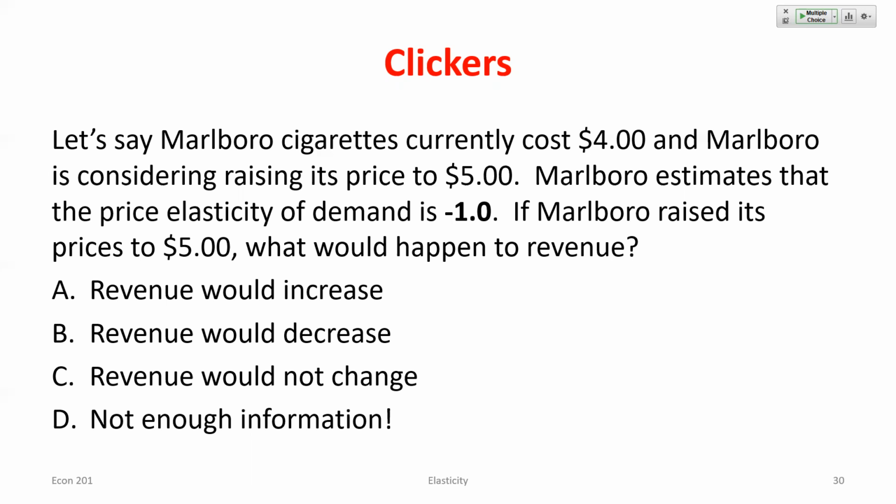So at that unit elastic point, for price changes in either direction, that percent change in price will be met exactly with the same percent change in quantity demanded, cancel each other out, and total revenue won't change. Now, in practice, if we can measure things at infinitesimally small ranges, the unit elastic point is only a penny on either side where we can do this and total revenue won't change.